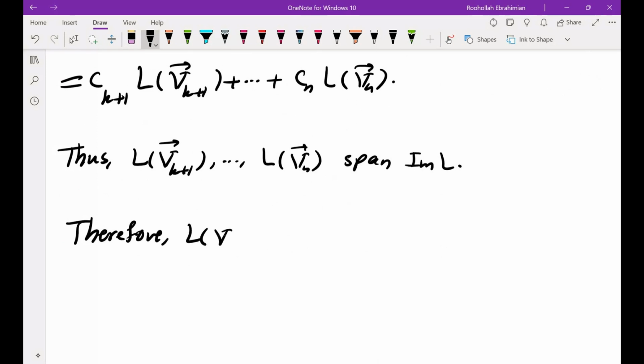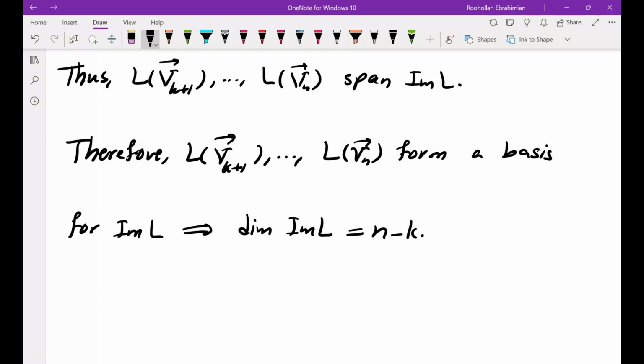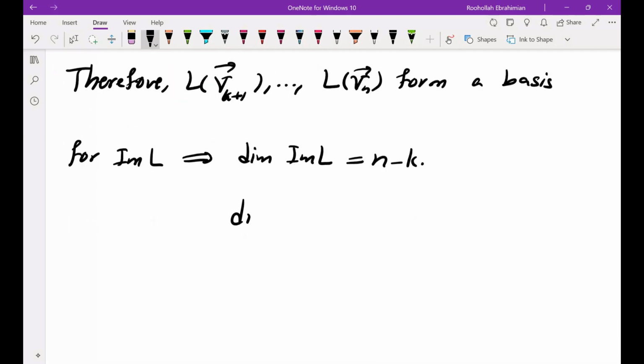Therefore, L of v_{k+1} all the way to L of v_n form a basis for the image of L, which means the dimension of the image of L is exactly n minus k. But the dimension of the kernel of L was k because v_1 through v_k was a basis for the kernel.